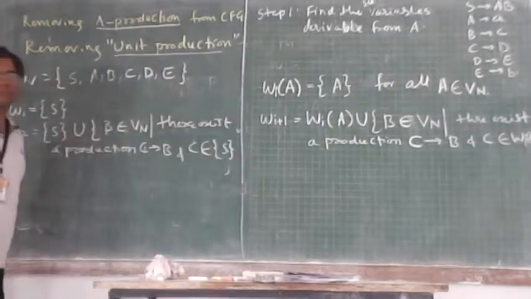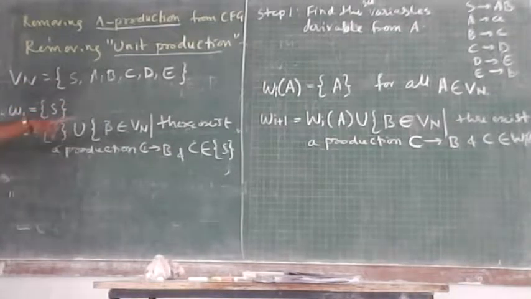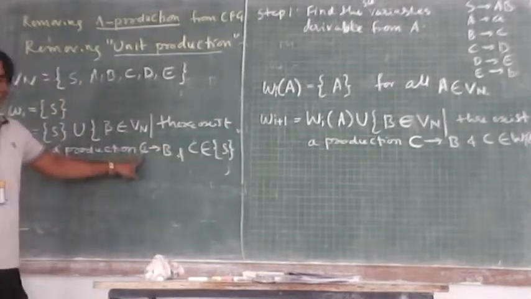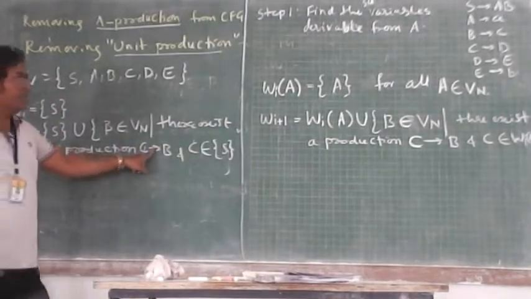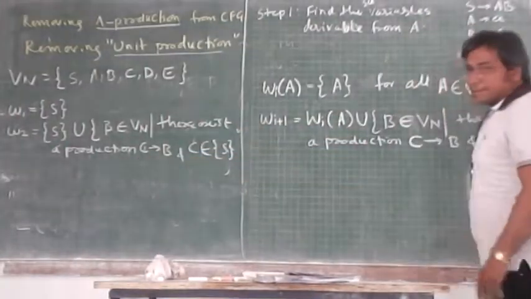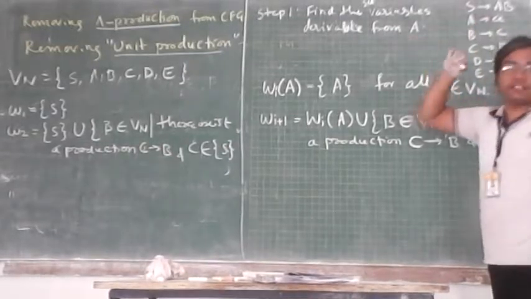S. My W1 is S. So C belongs to S means this becomes S implies something. Search for the productions which are implying S, S deriving something on the left hand side. You search for S.